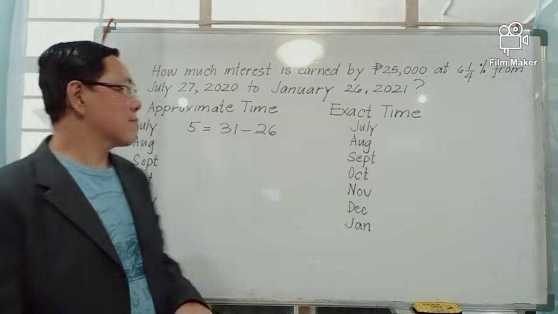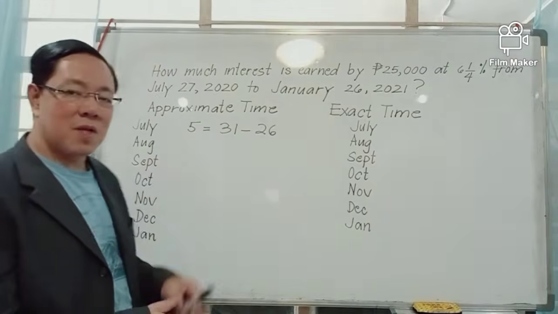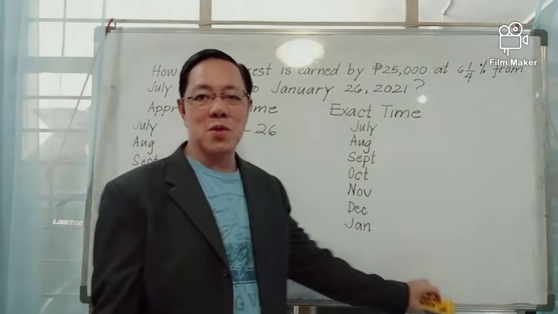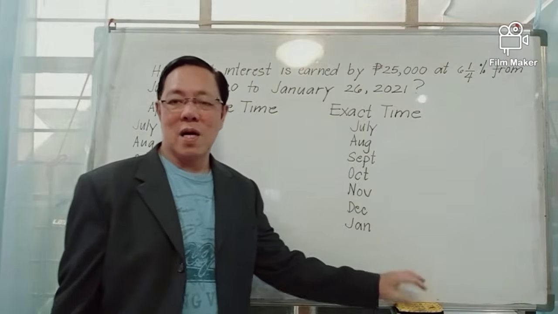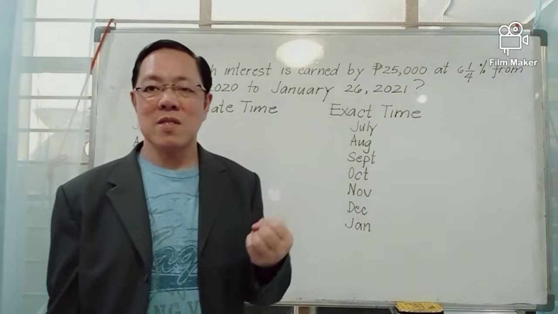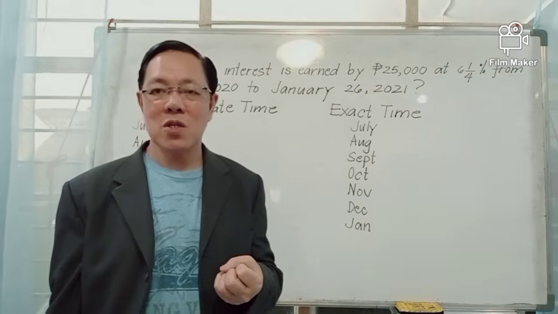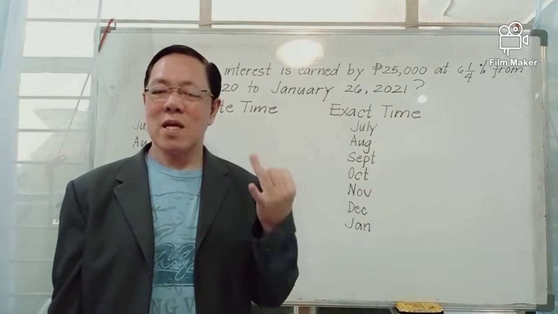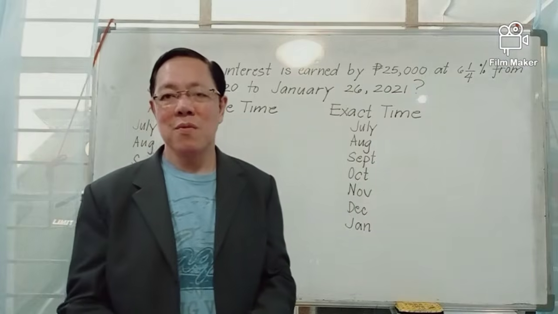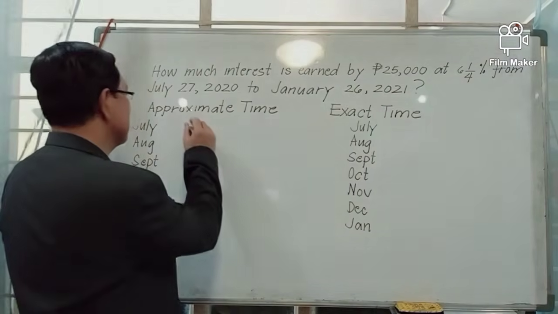We start counting the number of days for July from July 27, and we start counting from July 27 to July 30, assuming that July has 30 days: 27, 28, 29, 30. We have 4 days for July.